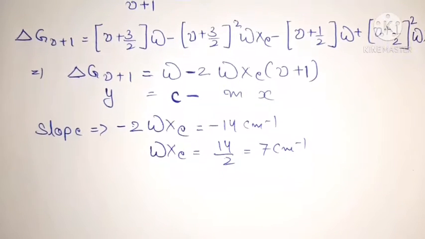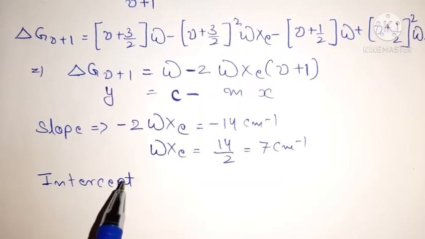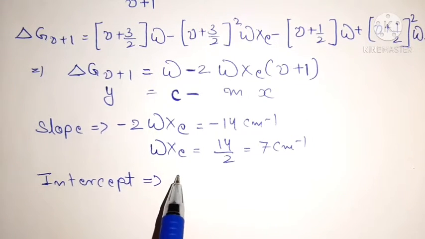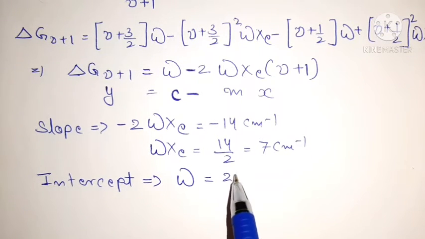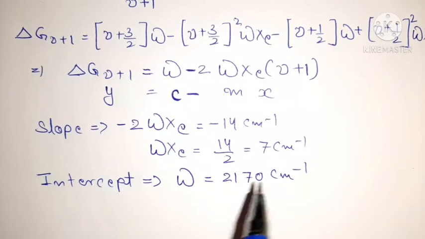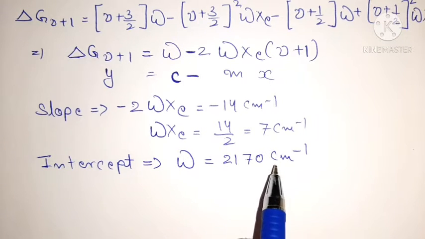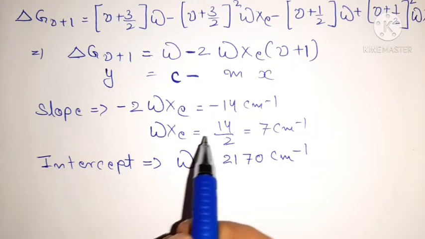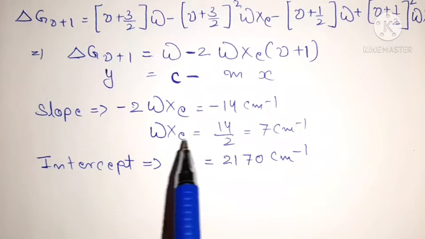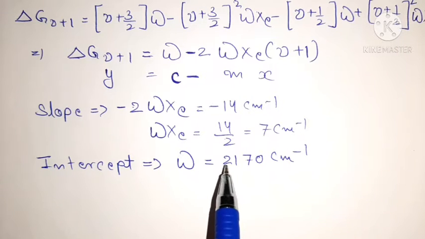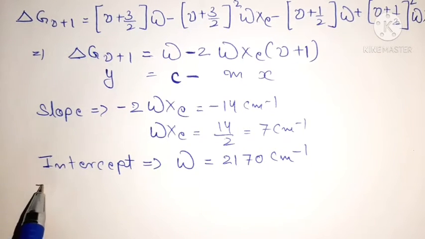And the intercept is equal to omega according to this equation, and according to our question the value of intercept should be 2170 centimeter inverse. So omega xe is equal to 7 centimeter inverse, and omega is equal to 2170 centimeter inverse.